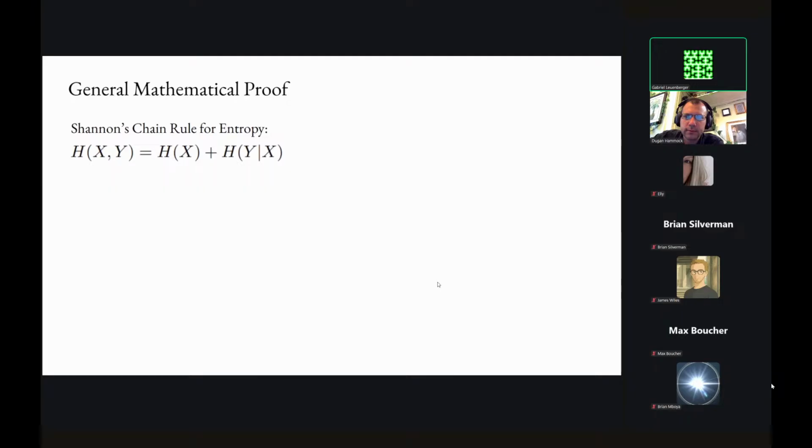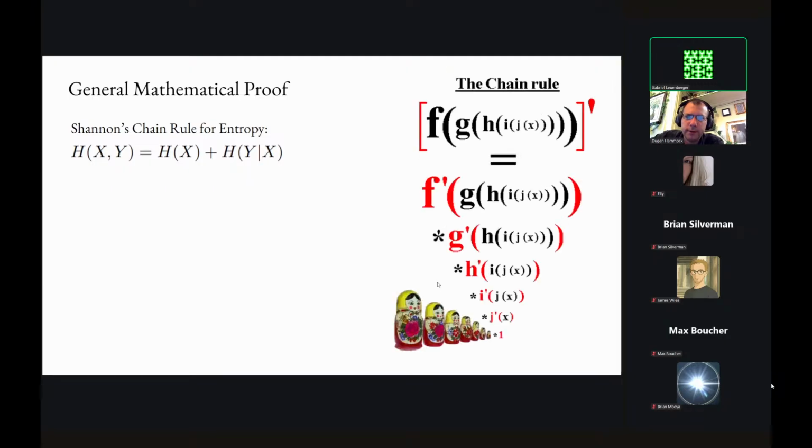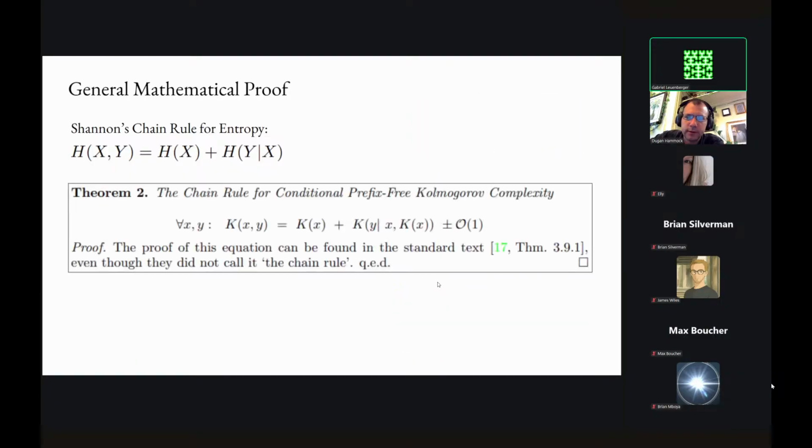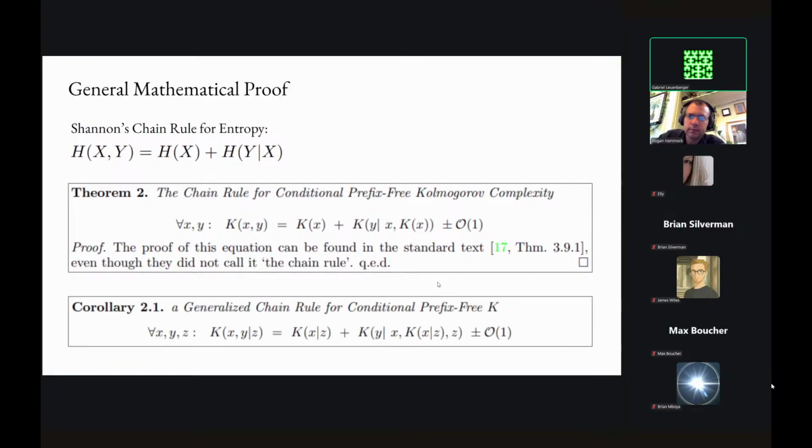But the proof starts from, actually, I should probably skip all of these details for this audience. It's probably not that interesting, but it uses a bunch of algorithmic information theory. It uses the chain rule for Kolmogorov complexity, which is analogous to Shannon's chain rule for entropy.